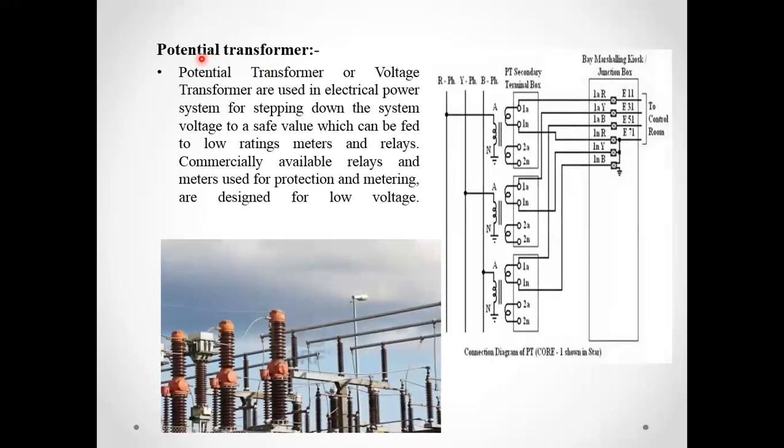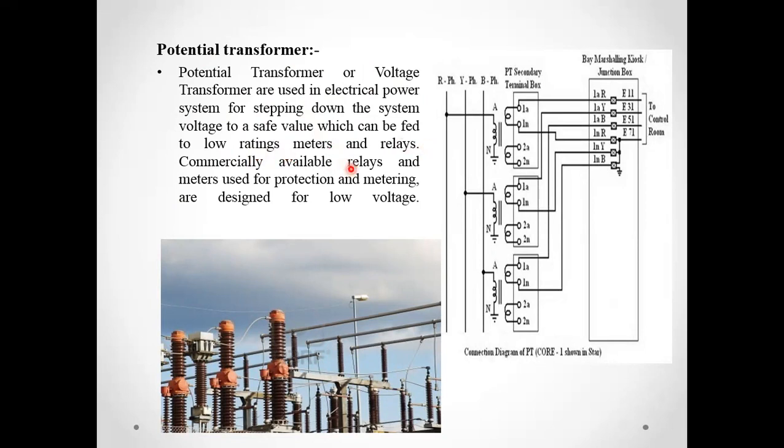Then next we will study about the potential transformer. So what is the potential transformer? We can call the potential transformer the voltage transformer. It is used in the electrical power system for stepping down the system voltage to a safe value, which can be fed to low rating meters and relays.